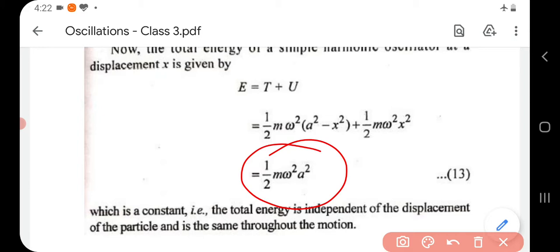So since this term is independent of x, independent of displacement, we know that even though potential energy and kinetic energy vary during motion, their sum, that is total energy, will always be a constant because the expression for total energy contains only constant terms. It does not have the term x, which is displacement. All these are constants: mass, angular frequency, amplitude, everything.